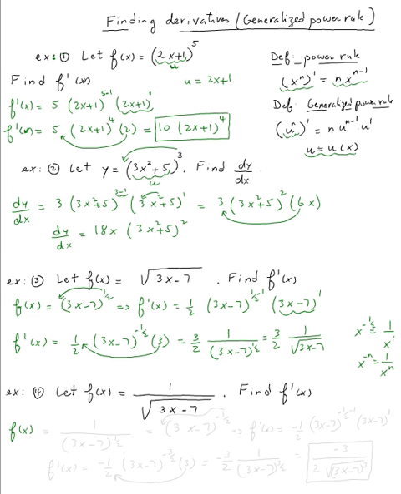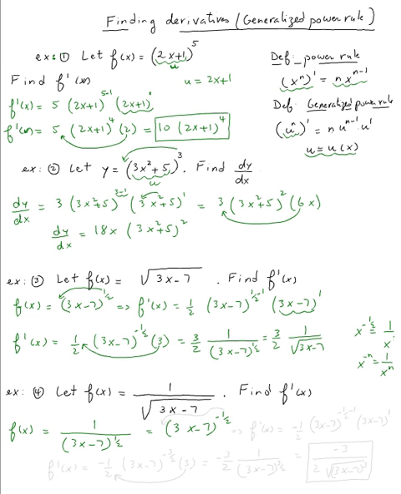So for example 4, there's only a little difference. This is the same thing as the previous example, except the square root is in the denominator, so I'm still going to do (3x minus 7) to the 1/2. Like we did in the previous example, except now I need to move this to the top, so it becomes (3x minus 7) to the negative 1/2. Remember, you change the sign when you move something from the denominator to the numerator or from the numerator to the denominator.